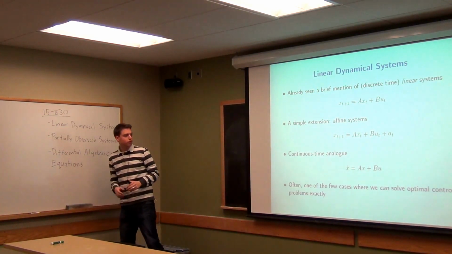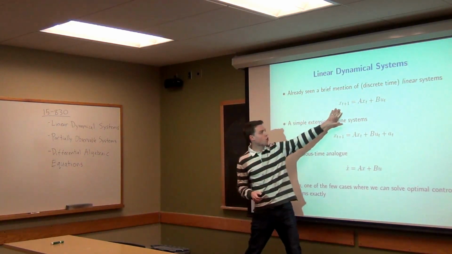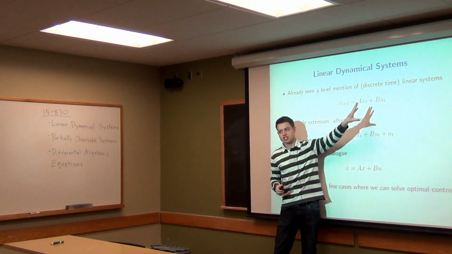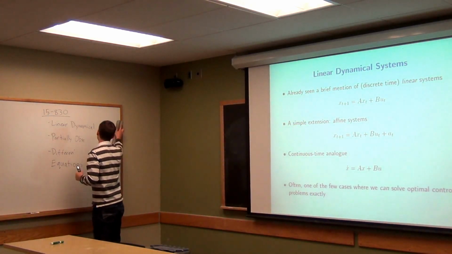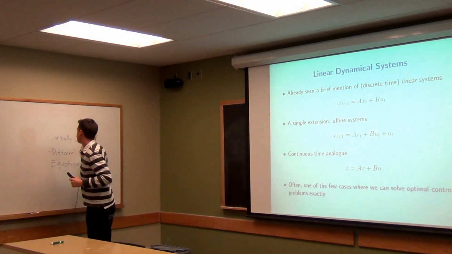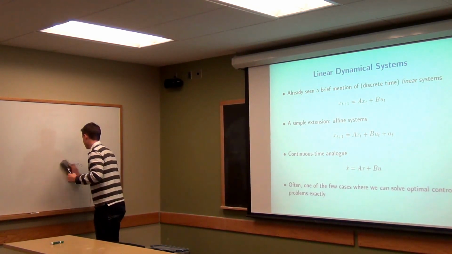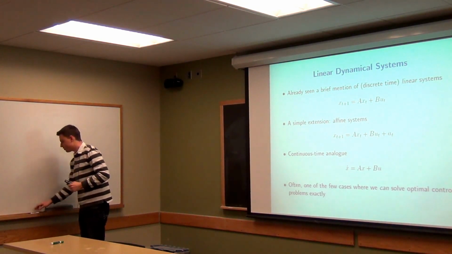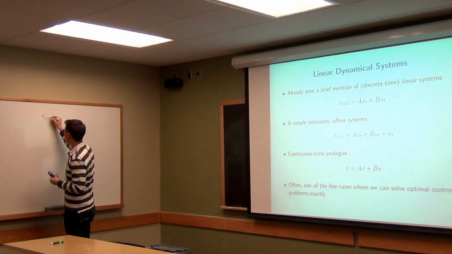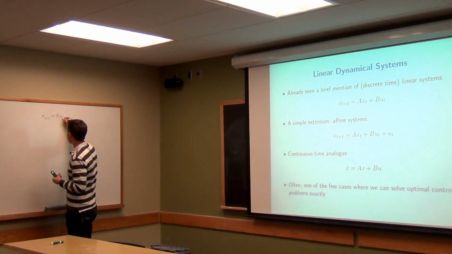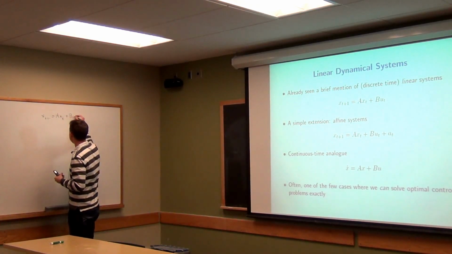But in general, these can be more complex systems than just this one-state system. So in general, and I wrote this a little bit on the last set of slides, but maybe I'll write it again just to reinforce it here. In general, we had this evolution saying that x t plus 1 equals A of x t plus B of u t.